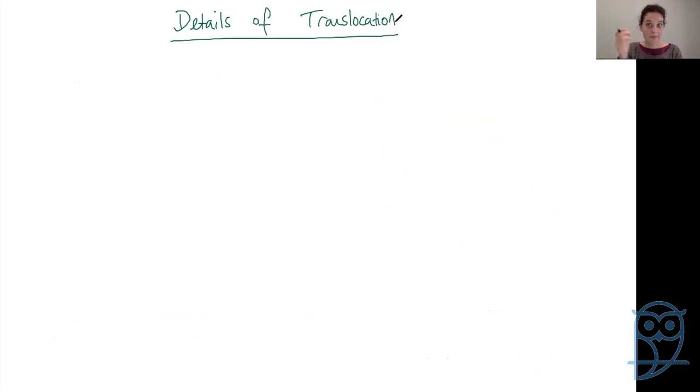Okay, so the big deal and where everything happens is in the loading of the sucrose. Okay, so how is this an active process? H+, your hydrogen ion, okay, is actively transported out of the cell, the companion cell.